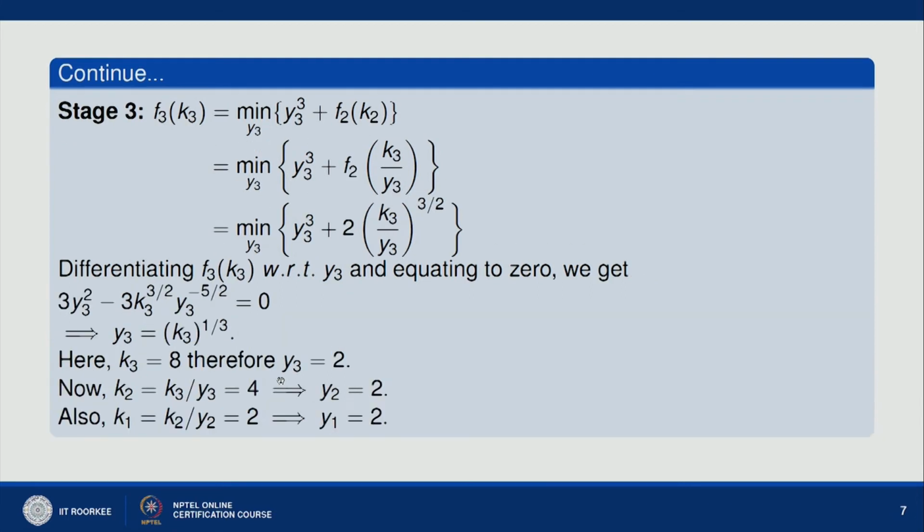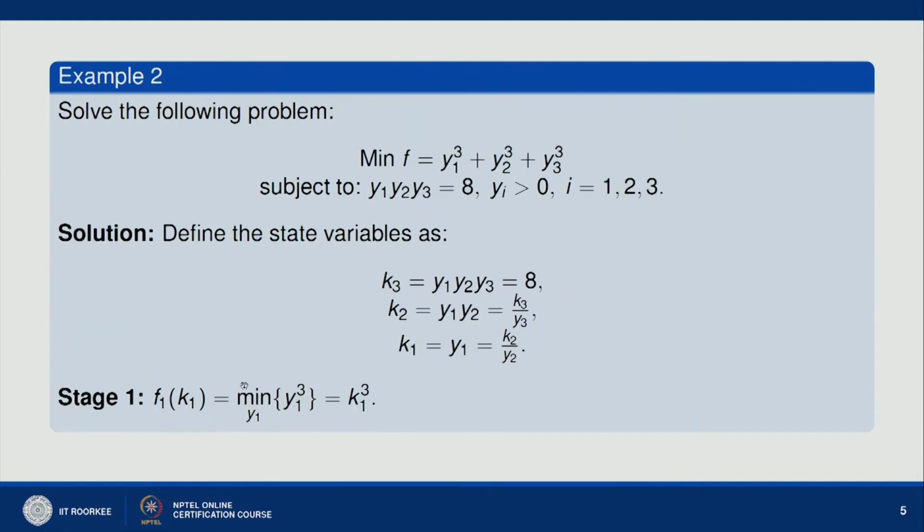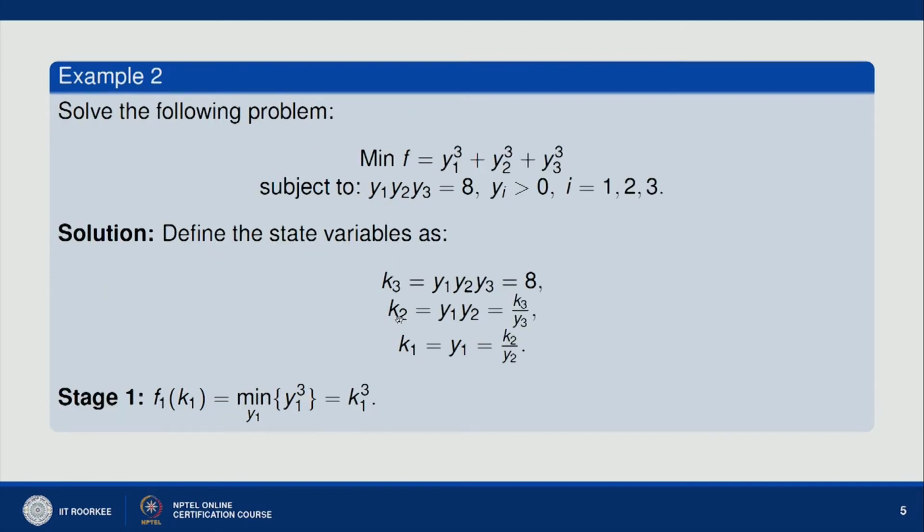Now, in the next stage, again we take the minimum of y3 cube plus whatever we obtained in the previous stage, that is f2 of k2. And k2 is equal to k3 upon y3.